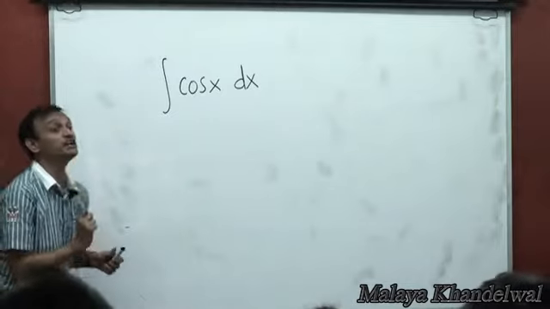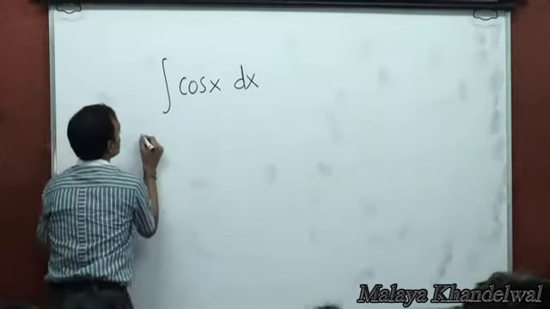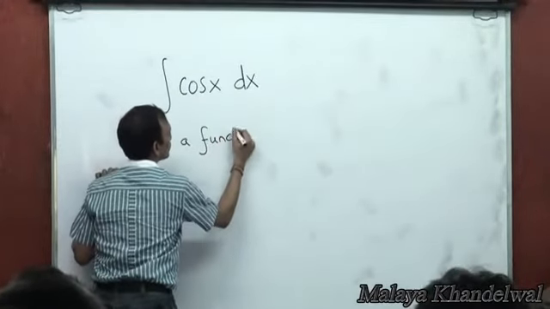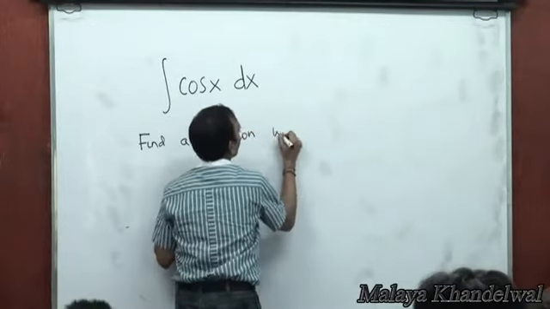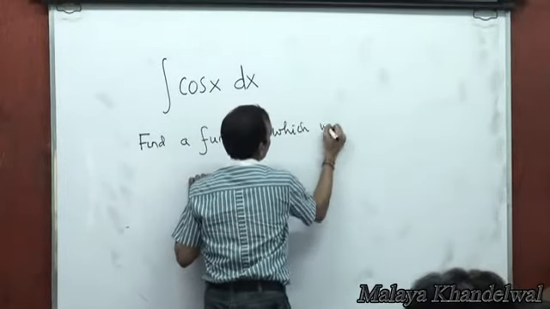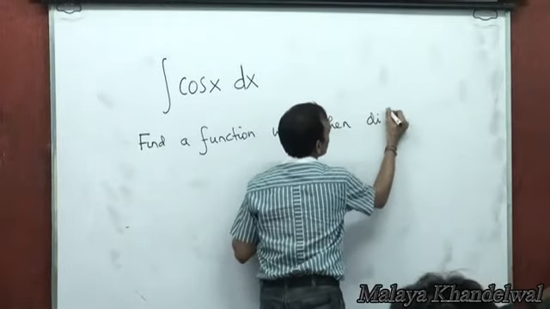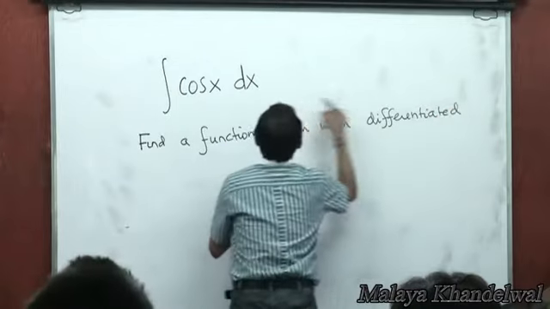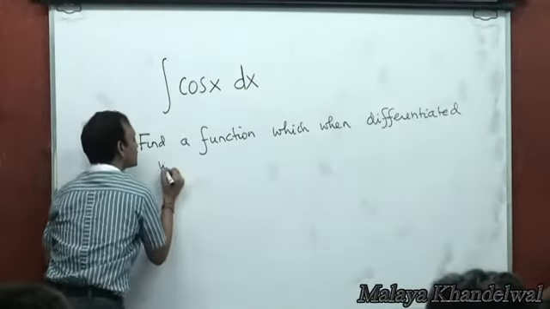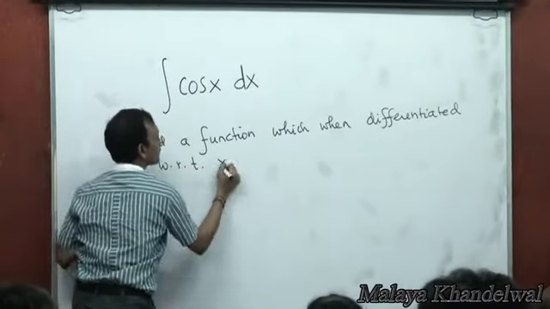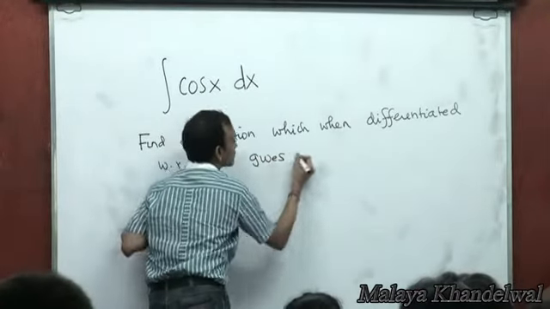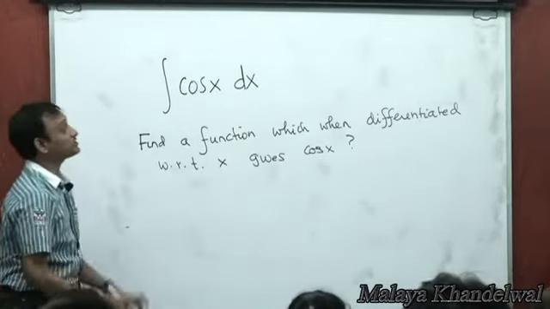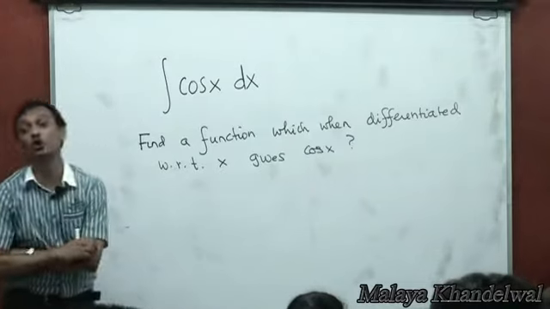This means find a function which when differentiated with respect to x gives cos x. Find a function which when differentiated with respect to x gives cos x.